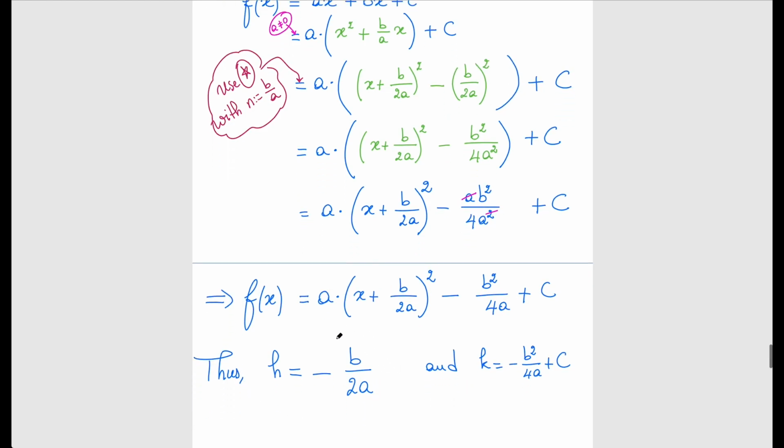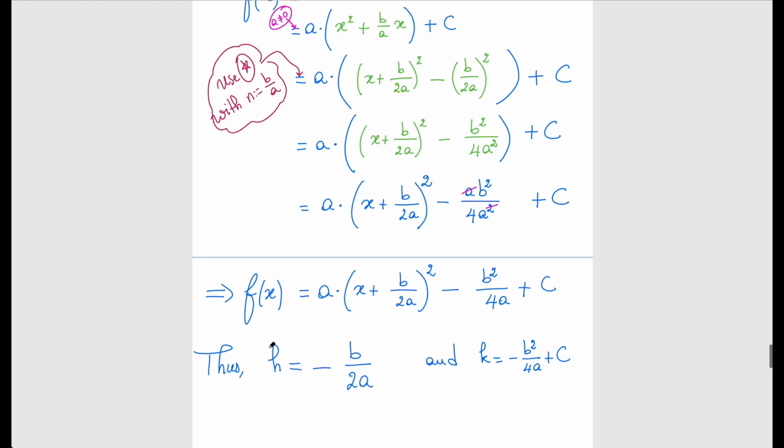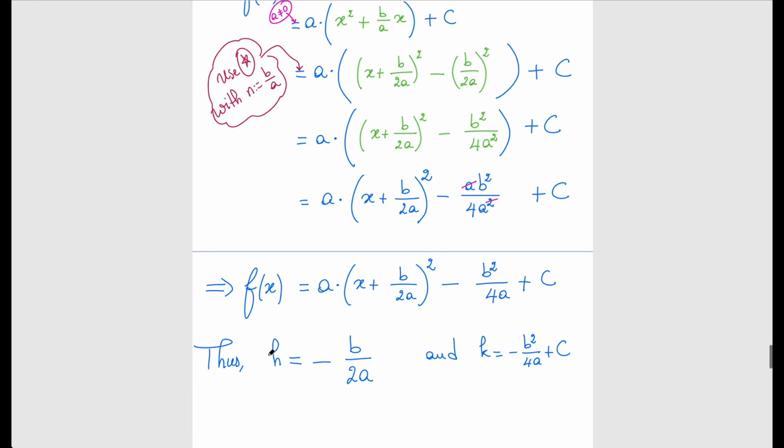And since at h the function attains either the largest value or its lowest value, the image of that number is going to be either the largest or the lowest value, depending on what little a is, right?